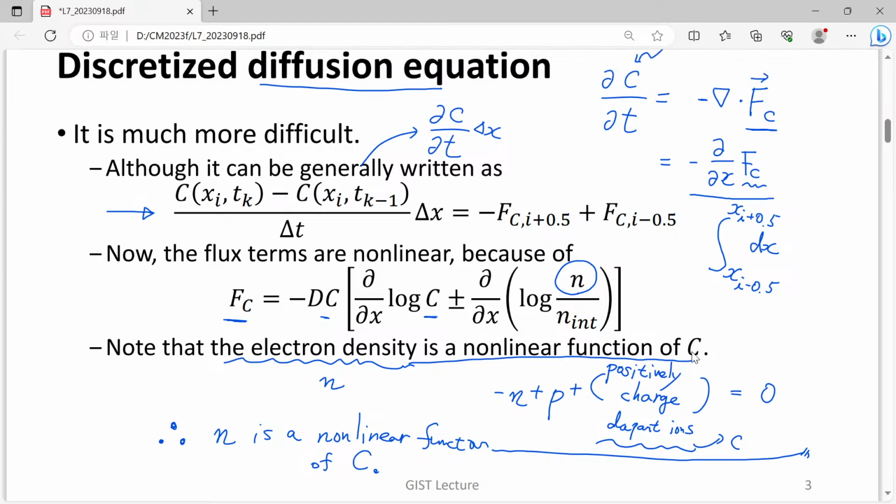So now we understand that, although we are talking about quite a simple diffusion phenomenon, we still have a nonlinear system when we write it down in terms of concentration C.